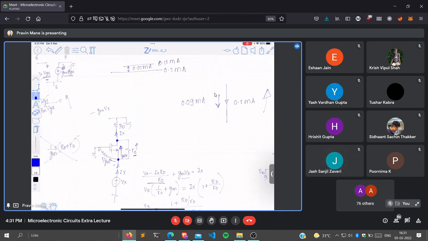And if because of some reason the current decreases by 0.01 milliampere, what is this value going to become? 0.09. So in both cases, current is flowing in the same direction, 0.11 milliampere in one case and 0.09 milliampere in the other. I am not changing the direction of the current. But what I am assuming is that the DC current is absent; it is just an assumption. In that case, in one case the current of 0.01 will flow in the downward direction, and the other will flow in the upward direction.